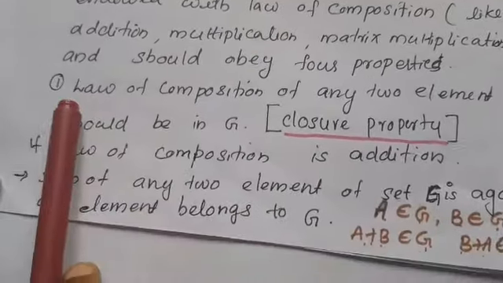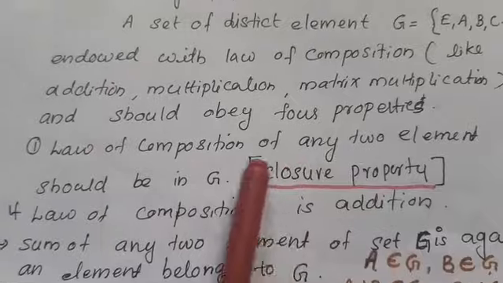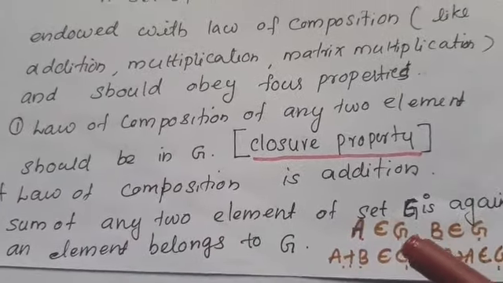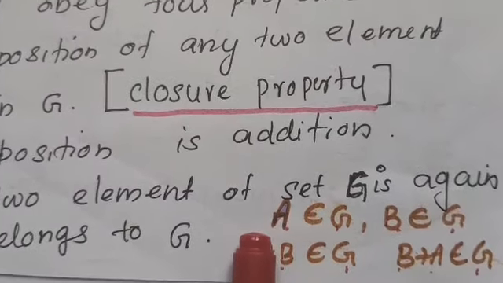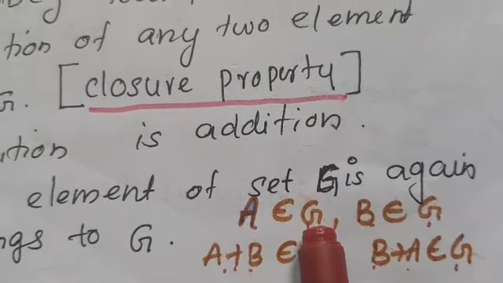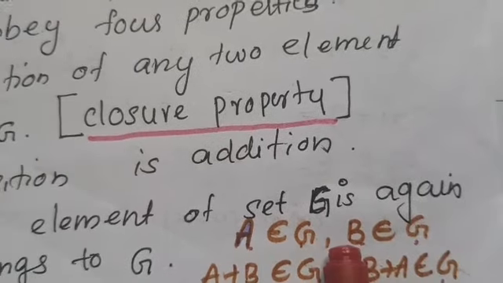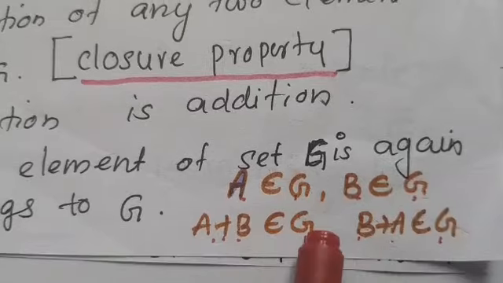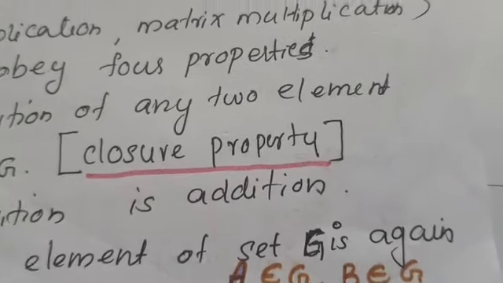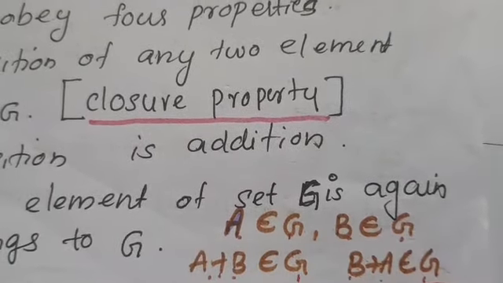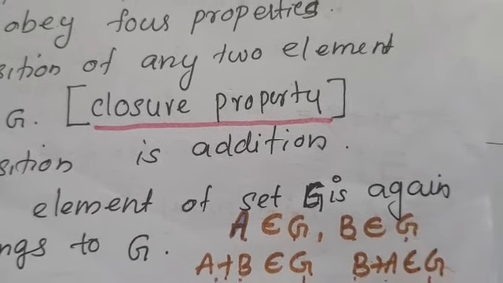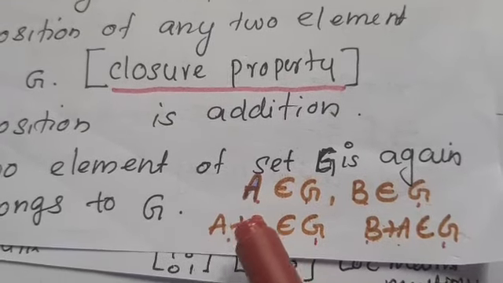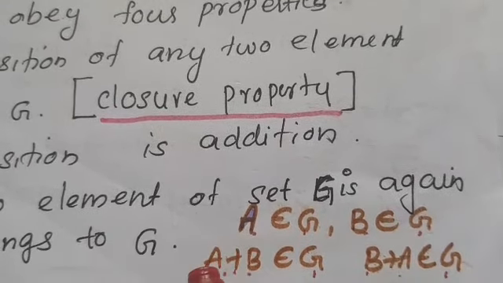Okay, so these elements should obey certain properties. The first property is the closure property. That means if A is a member of set G and B is a member of set G, then A plus B should be a member of set G, or B plus A should be a member of set G. Here the law of composition is addition.